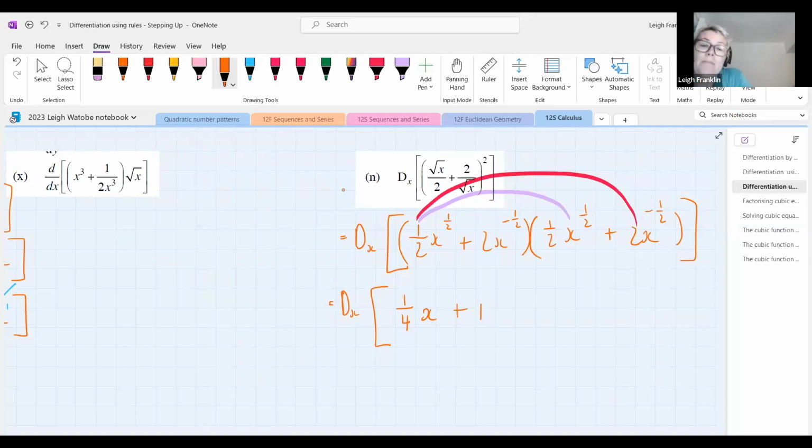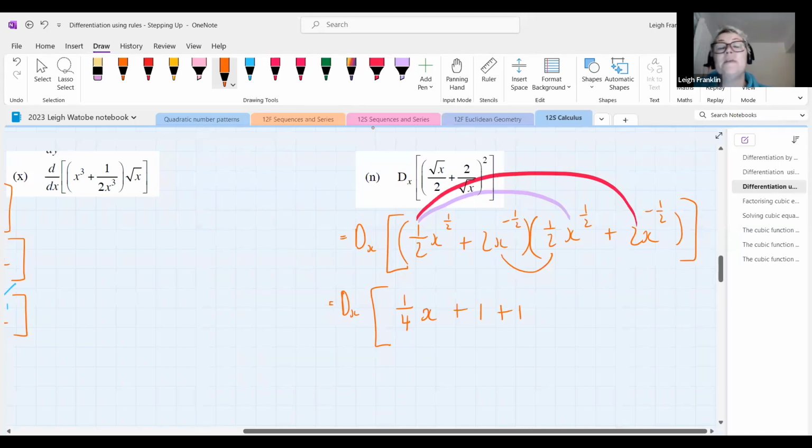Well, not a problem, but a half plus a negative half is going to leave me with an exponent of 0. Okay, if I've got a 0 exponent, it means the exponent on my variable is 0, so my answer is just going to be 1. Same thing with the middle term over here. I'm just going to have 1. There's not actually going to be an x in it at all.